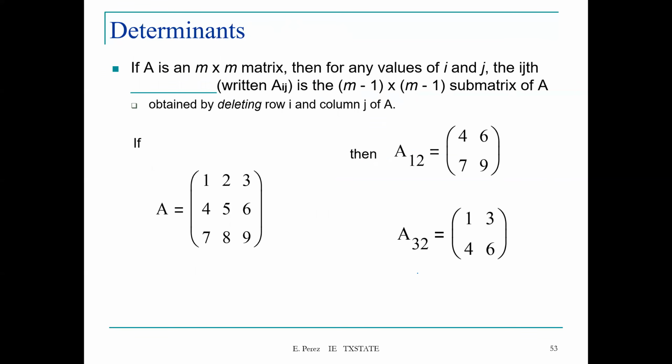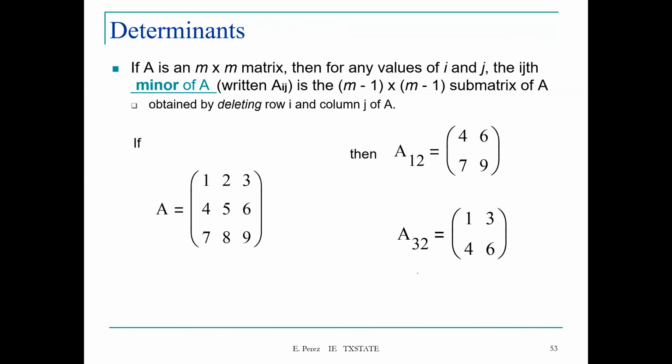If A, which is the matrix, is an m times m matrix, then for any values of i and j, the ij minor of A is the m minus 1 times m minus 1 submatrix of A, obtained by deleting row i and column j.